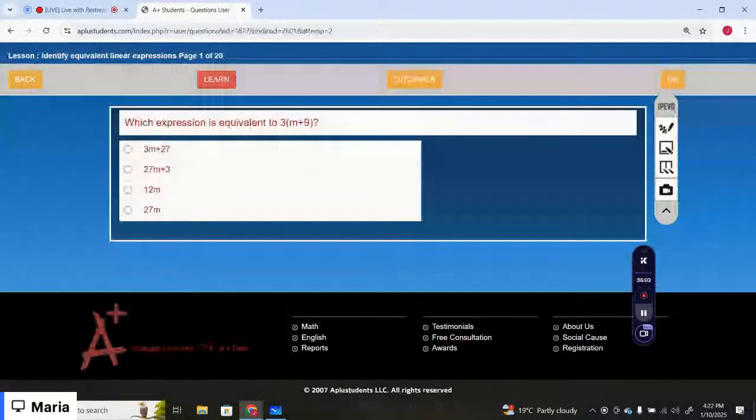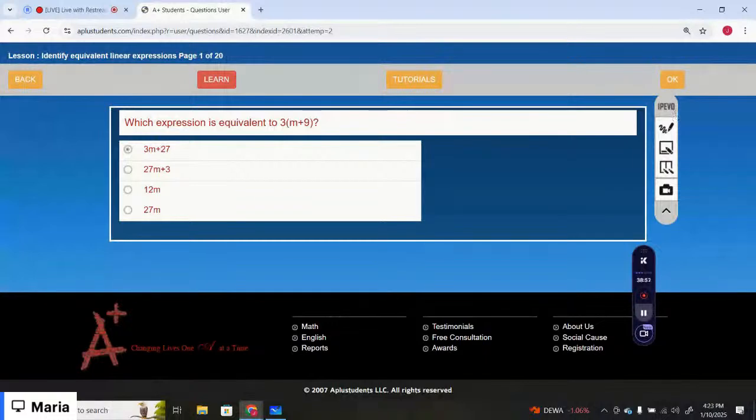Which expression is equivalent to 3 times m plus 9? The correct option is option number 1.